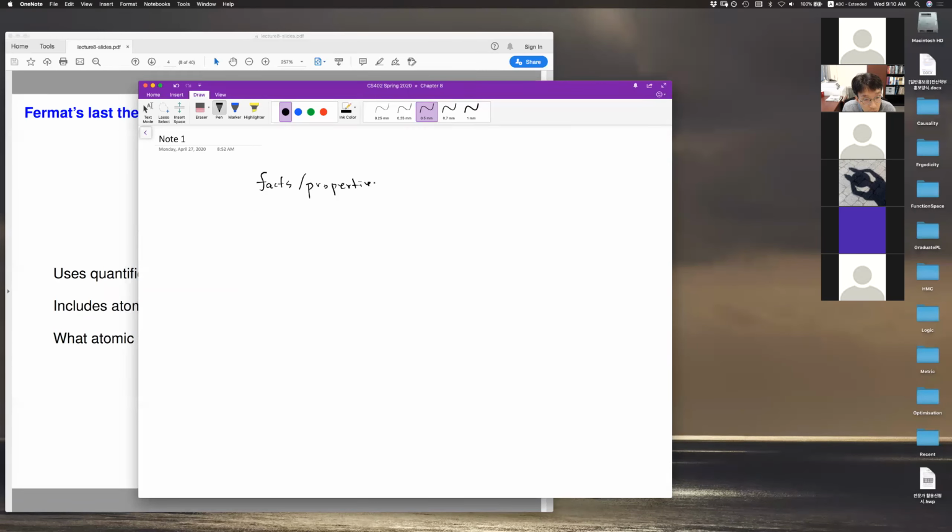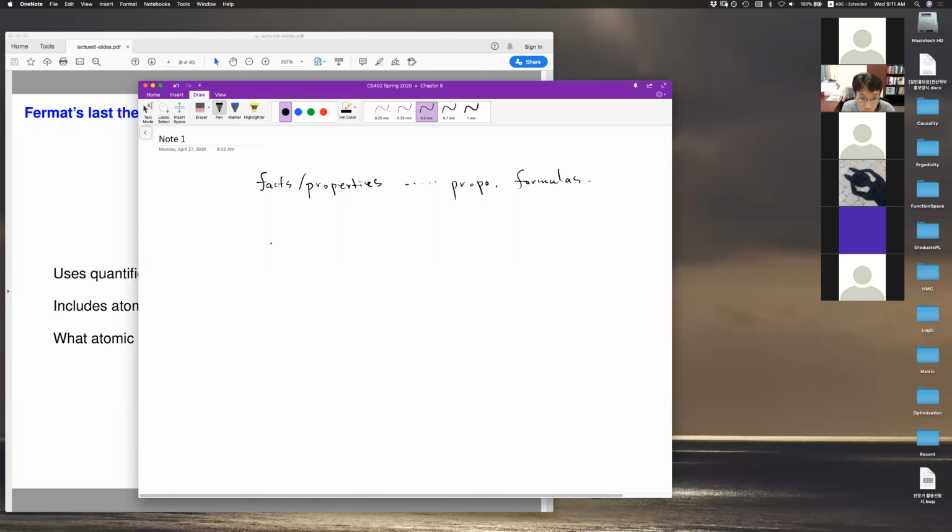These roughly correspond to propositional logic formulas. What are the properties? For example, student A is tall, or he is smart, and so on. These are properties that describe some facts. That's the situation in propositional logic.